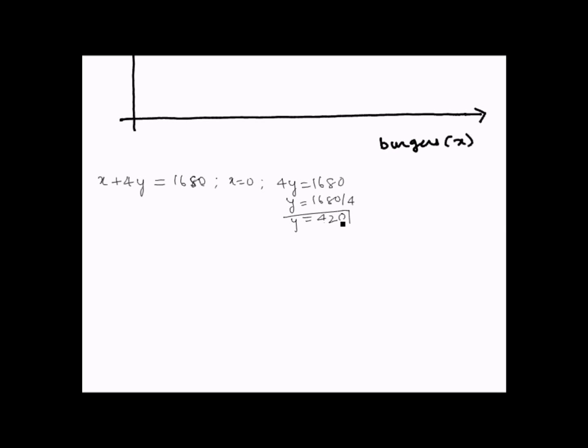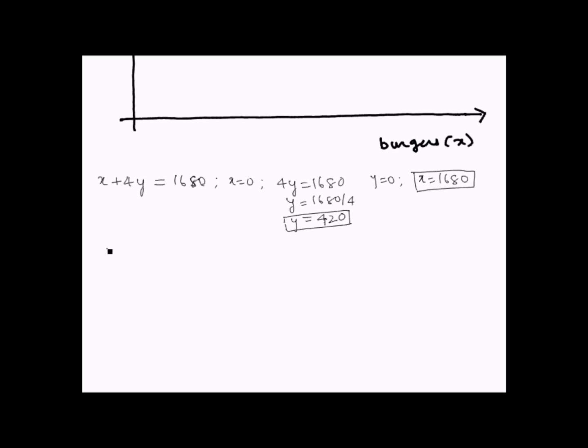So y is equal to 420. Same way, if we put y is equal to 0, we'll get x is equal to 1680. So the x-intercept is 1680, while the y-intercept is 420 for the first line.